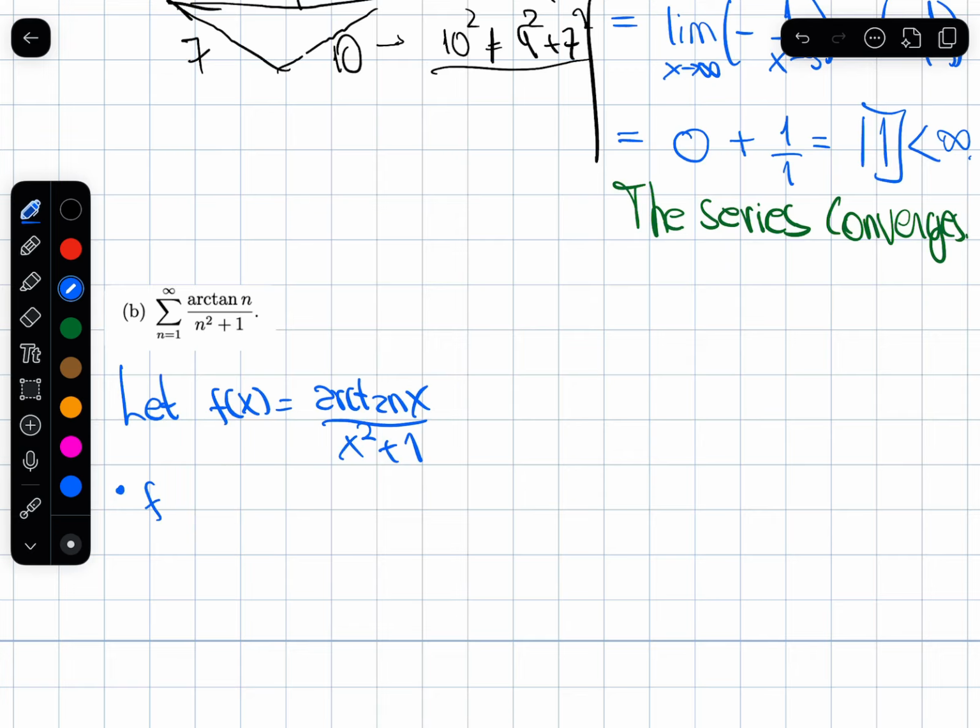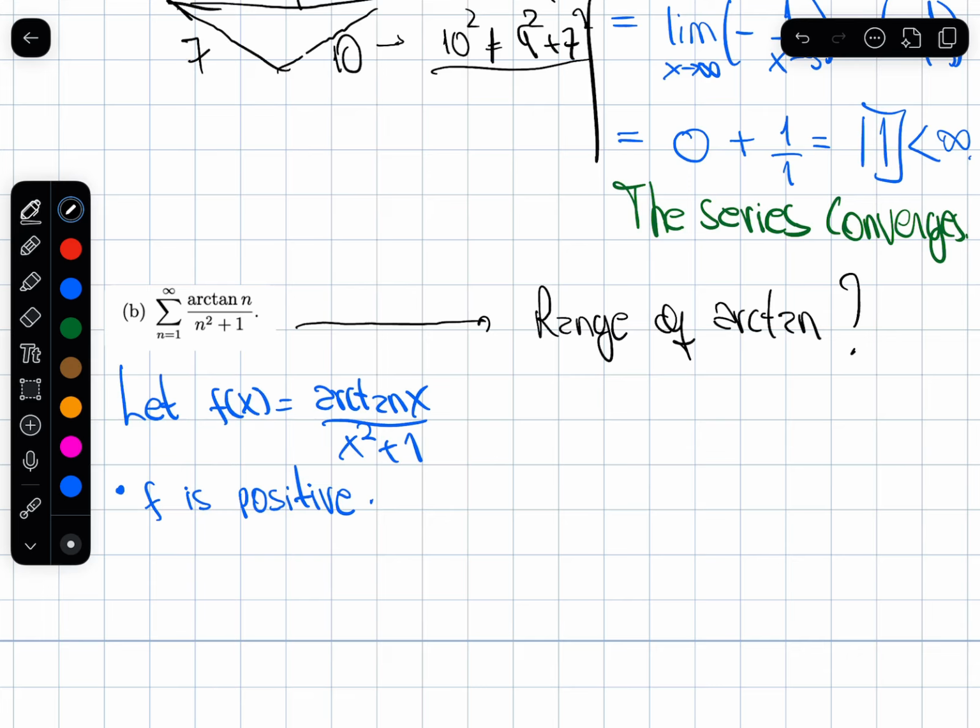So f is increasing. First, f is positive. I need this. Is f really positive? We've got to think about it, right? The bottom is always positive, and so that's fine. Just the top needs to be positive also. And if you think about arctangents, what's the range of arctangents?